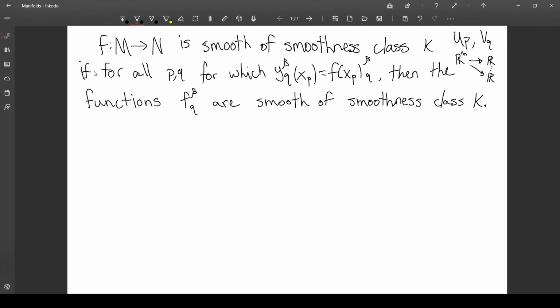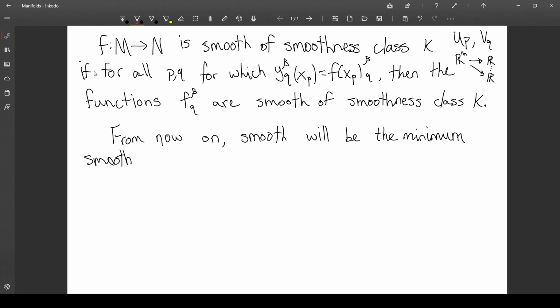And so from now on, smooth will essentially be the minimum smoothness class required.